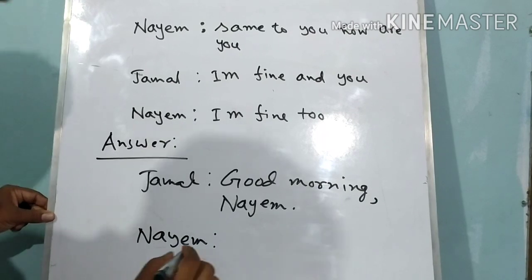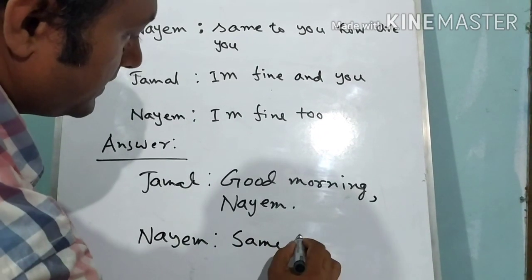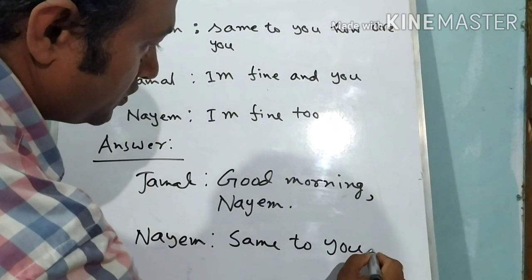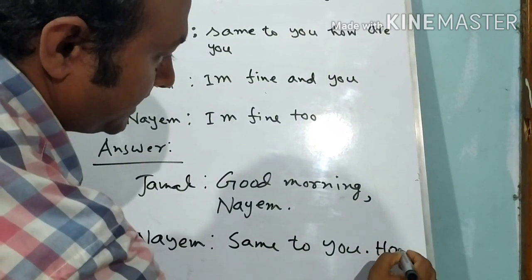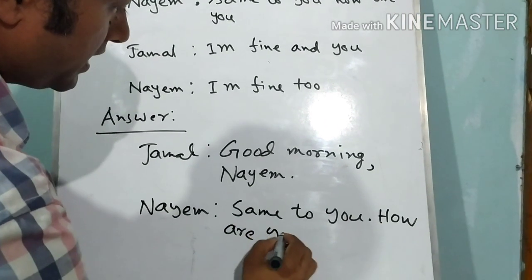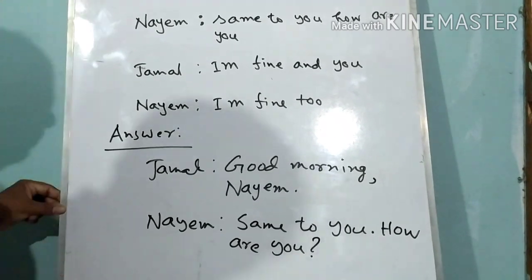Then Naim says same to you. S will be capital. And the sentence is finished, so you have to use full stop. Then you have to use H capital. How are you? It's a question, so you have to use question mark here.